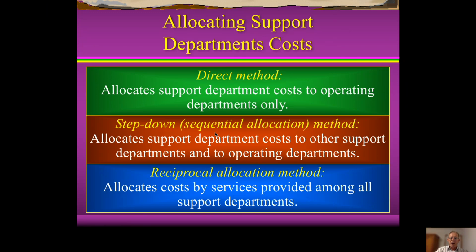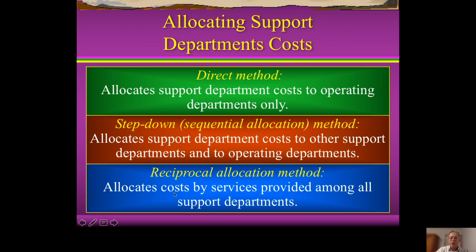Three methods. The main difference with the direct method is that the support department costs go directly to the operating departments. With step down, we share at least one of the support department costs to another support department first, and then step that cost down into the operating departments.